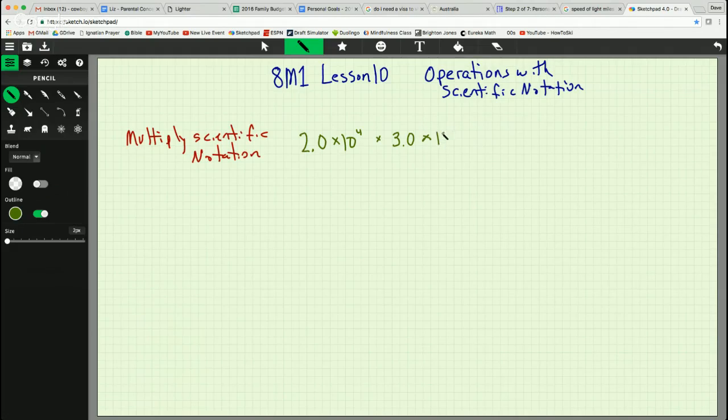We'll just do a little bit of magic. So we're multiplying this number times this number. Well, notice that we can use, and I already gave you the hint, the commutative property of multiplication, and we're just going to rearrange this.